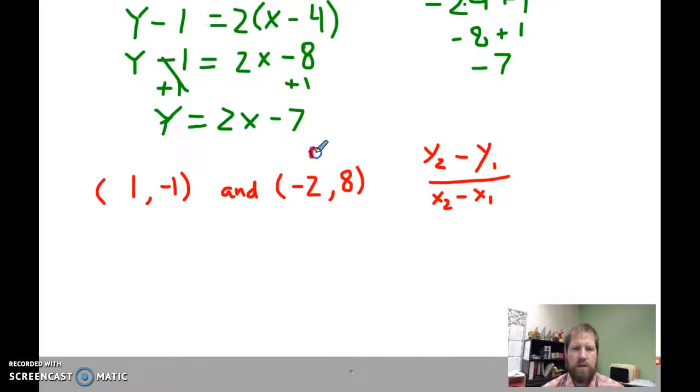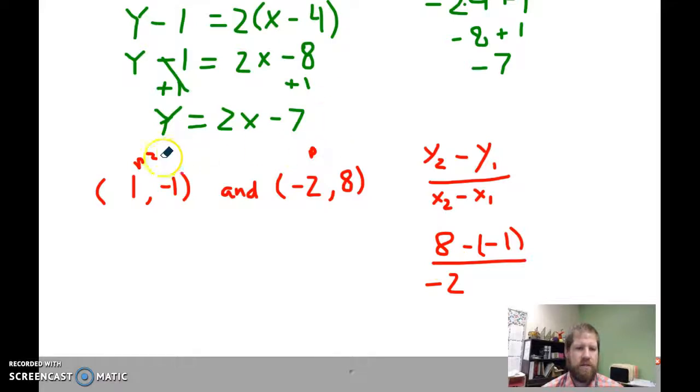I'm going to call this point 1, and this is point 2. So y2, 8 minus y1, a negative 1, over x2, negative 2. Oops.